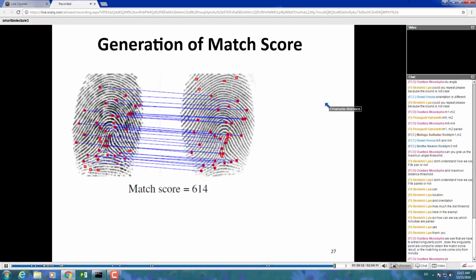With minutiae, we have the orientation map, and then for each minutia, the orientation but also the location. We know exactly where the point is in the image. So it's more detailed information that we can have with 500 dpi images. The granularity is fine. And this is how we can perform matching, right?